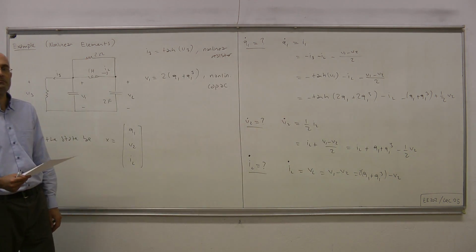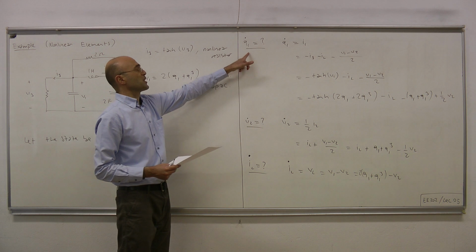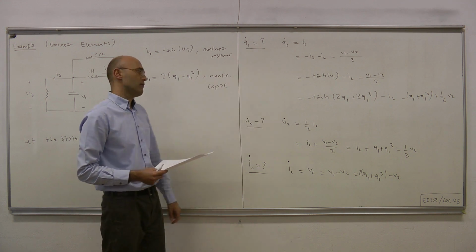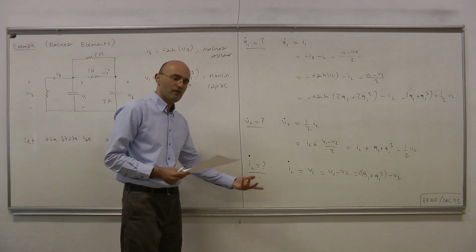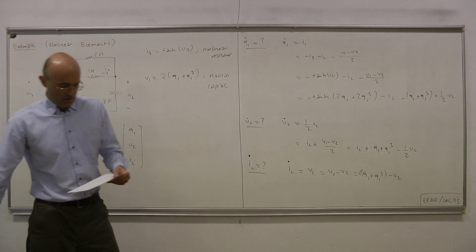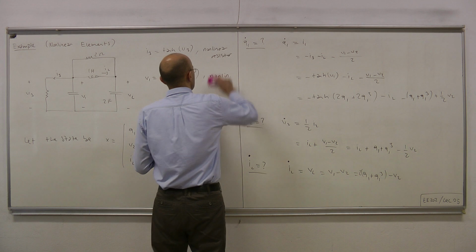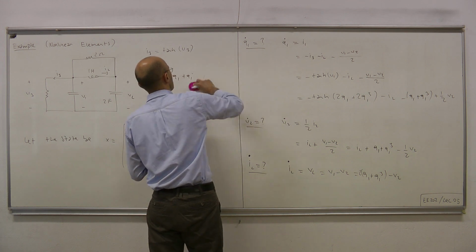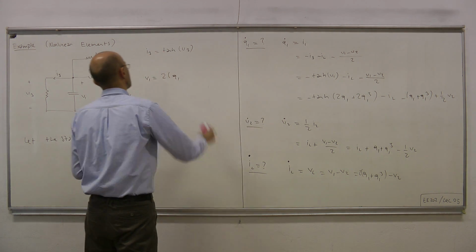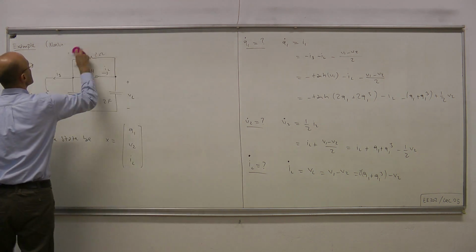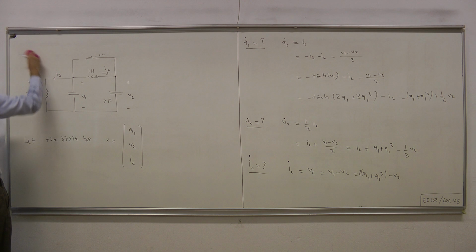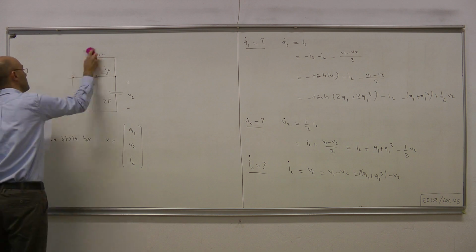So we're done with expressing the time derivatives of our state variables in terms of our state variables. Now all that remains is to put those three equations into a single equation, which will be a nonlinear vector equation.